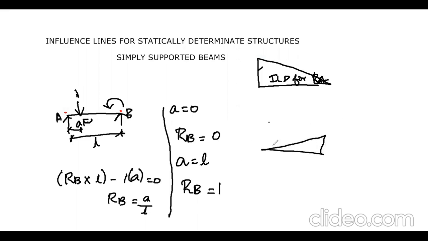Now there is one UDL whose length is assumed to be P. How should I place this load? The first condition is you should place the load over that influence line diagram. Then only you can find the value of the reaction, or whatever it may be, shear force or bending moment. Since here we are discussing the reaction, we shall talk only about reaction.